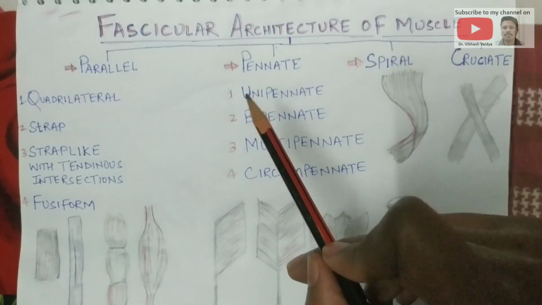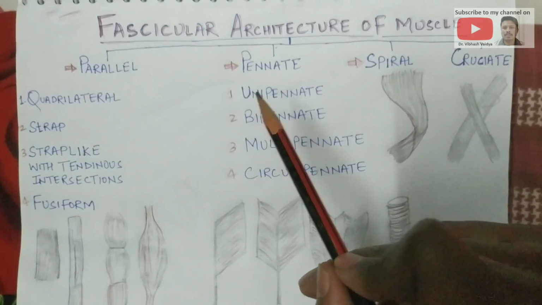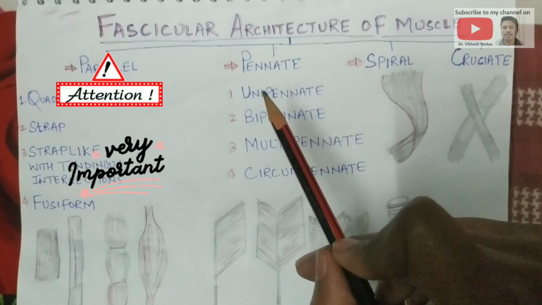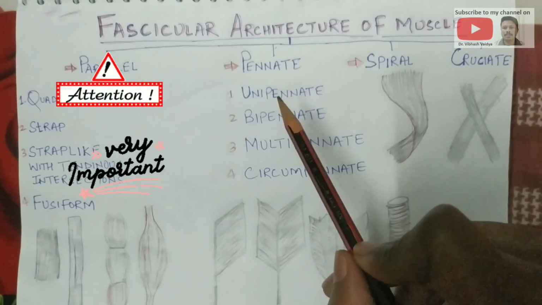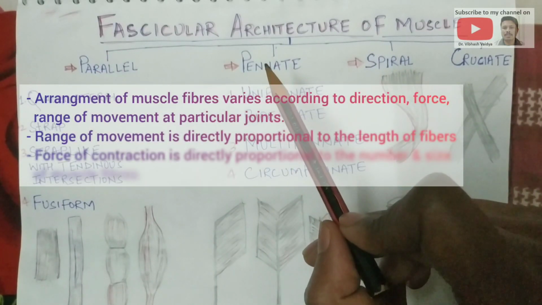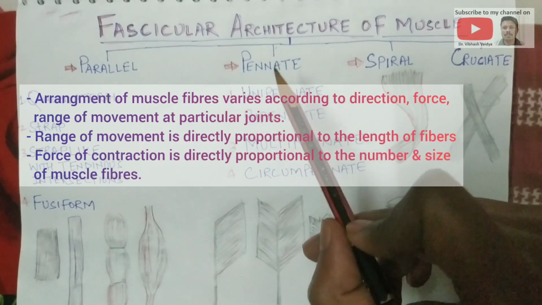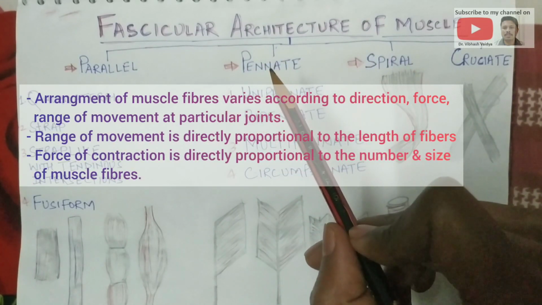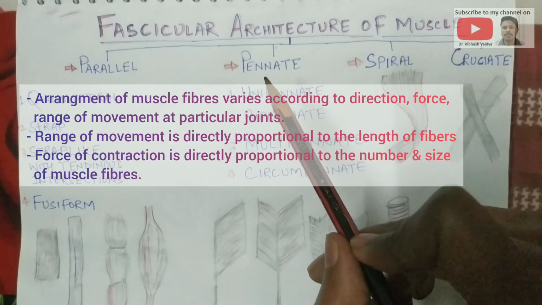Now we'll discuss the fascicular architecture of muscles. From the exam point of view, this fascicular architecture of muscles is very important. The arrangement of muscle fibers varies according to the direction, force, and range of movement at a particular joint.